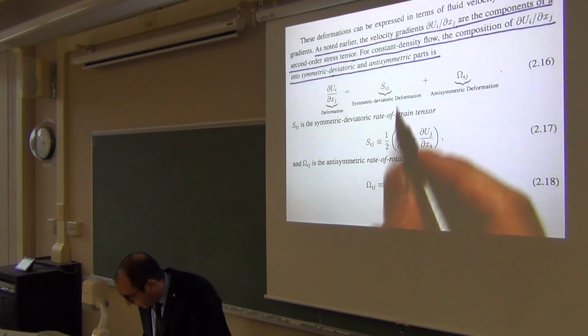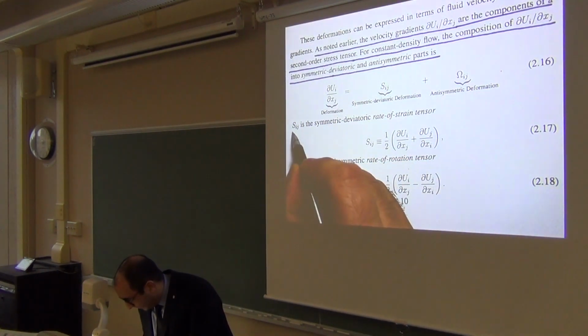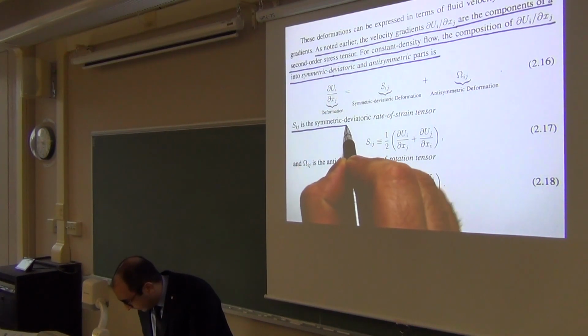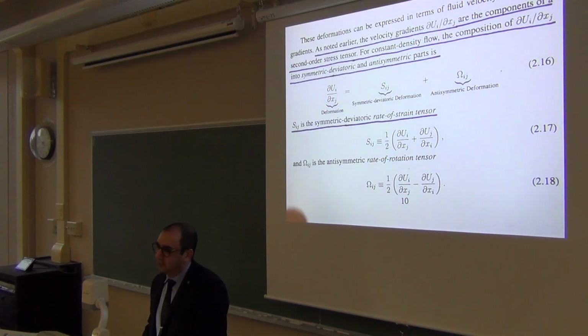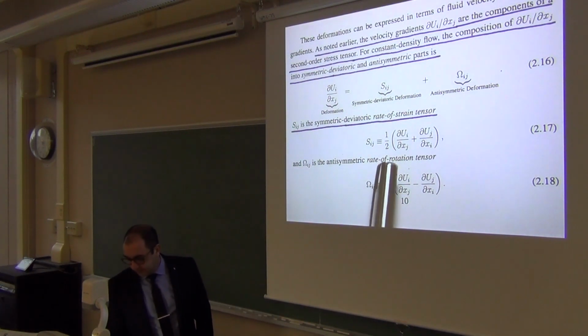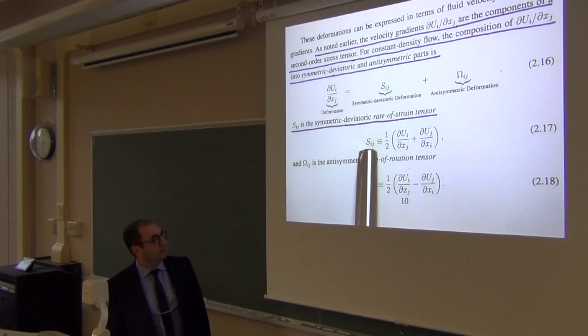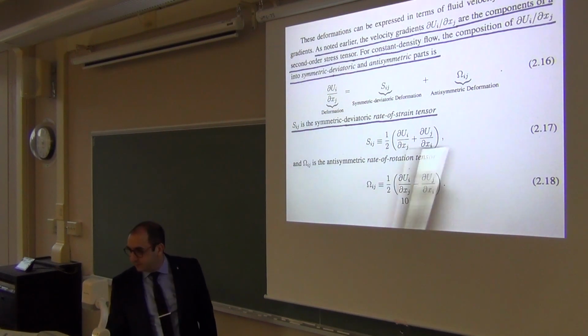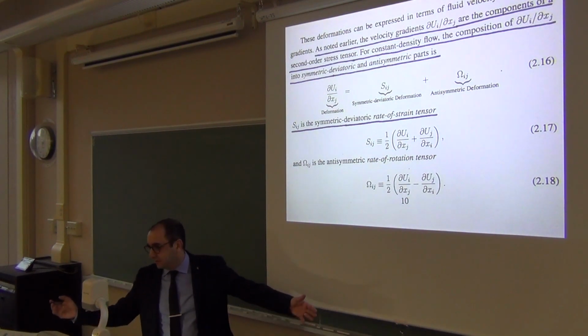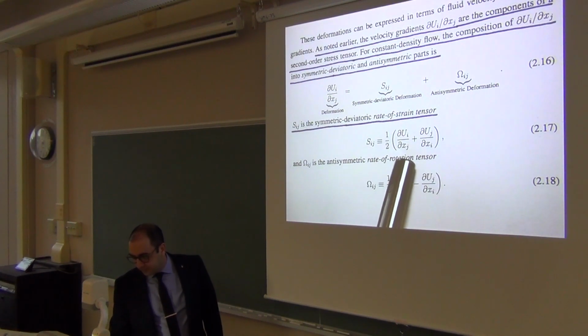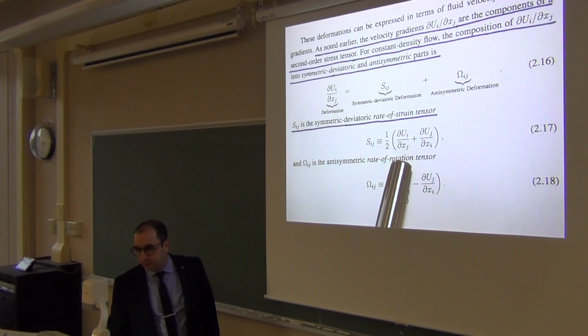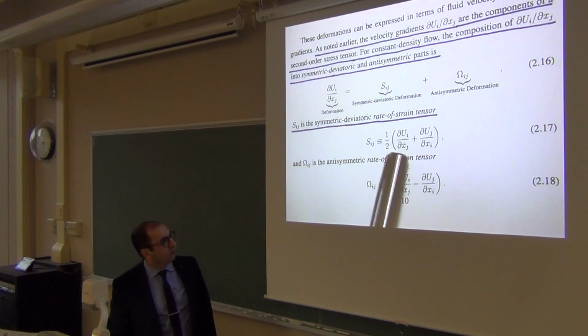The first one we know as S, the symmetric deviatoric, or rate of strain tensor. You can think of it as just by definition. I mean, you can't prove this, it's just a definition. It is 1/2 of the gradients of velocity, or gradients of deformation, in such a way.